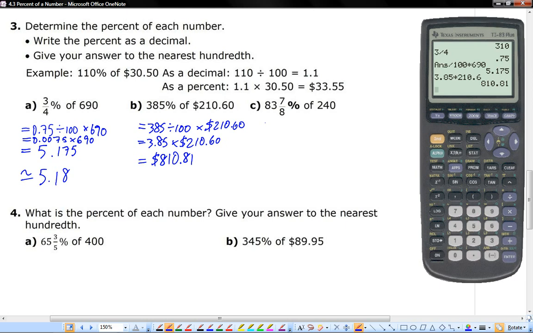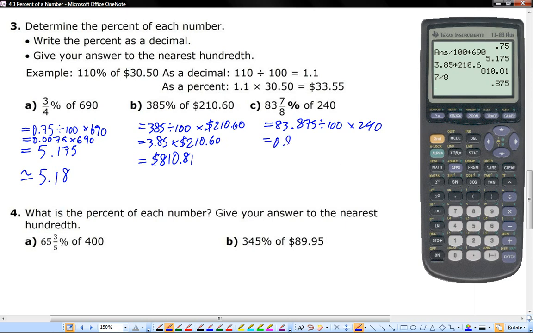And so next we have 83 and 7/8. Now again, if you don't know what 7/8 is as a decimal, 7 divided by 8, that's 0.875. Divide it by 100, and then we're going to multiply by 240.